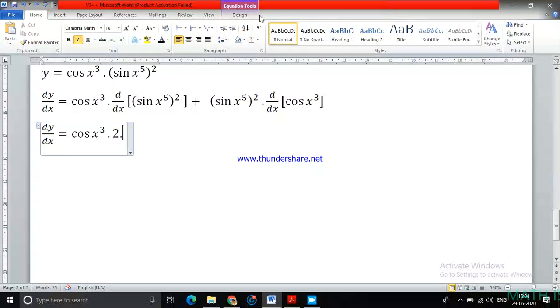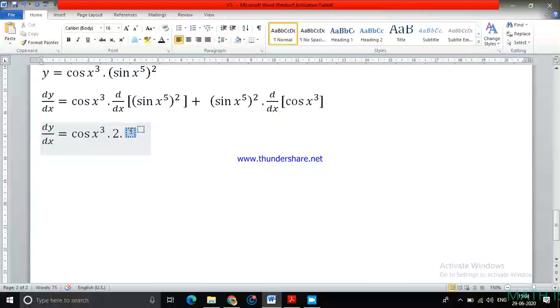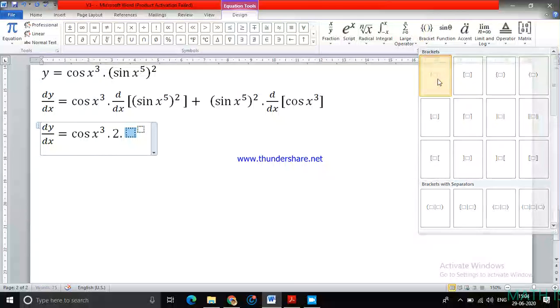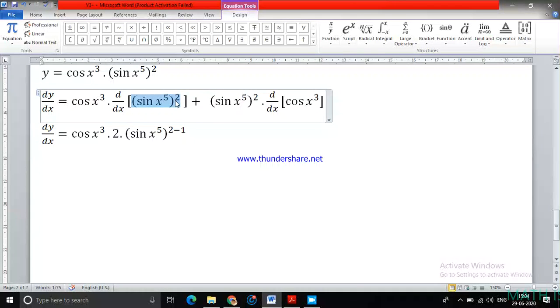Or if you want, let me put here control Z, let me insert the equation so that we can properly link with the formula. This will come as 2 minus 1. So here derivative of x power n, here n is 2, is n into x power n minus 1.